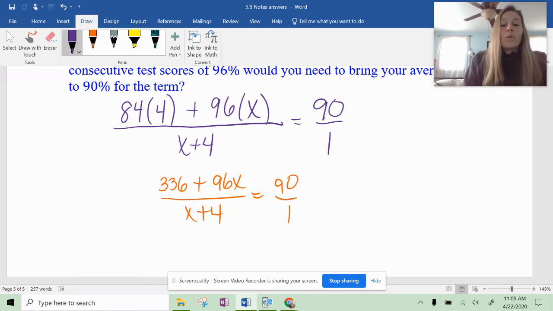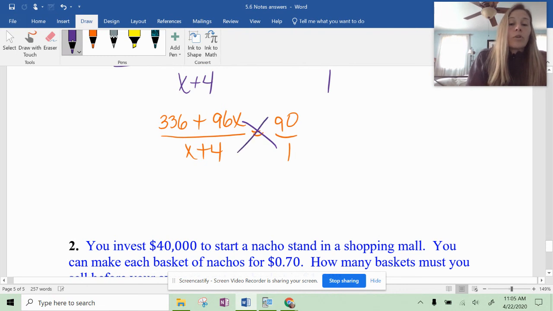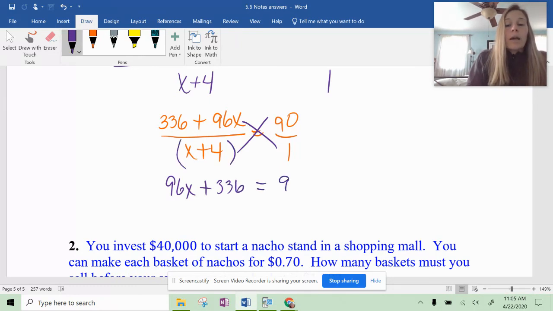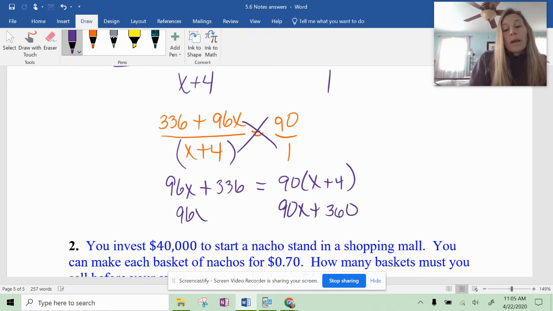So now when we cross multiply, I'm going to do the 96x plus 336 on one side of the equal sign, and then you're going to do 90 times x plus 4 on the other side, which gives you 90x plus 360. And then now we would just solve for x.